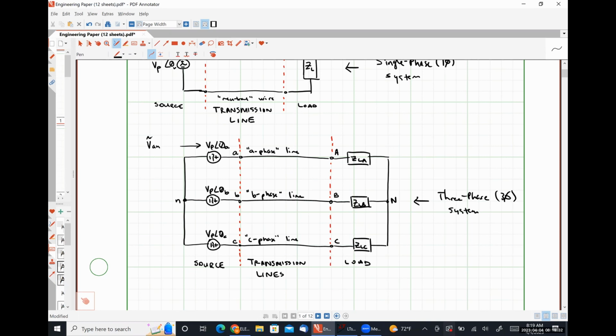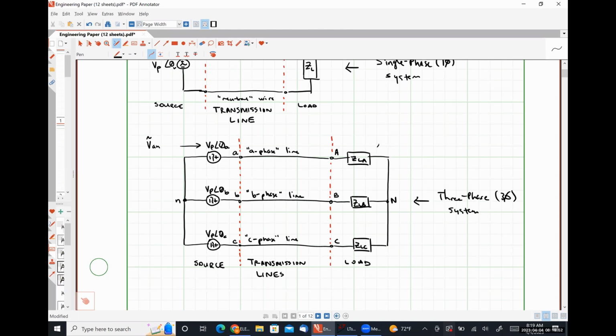So if I tell you that the voltage VAN is 120 volts RMS, angle 0 degrees, you know that there is a 120 volt drop between the A phase terminal of the source and the neutral terminal of the source, right?